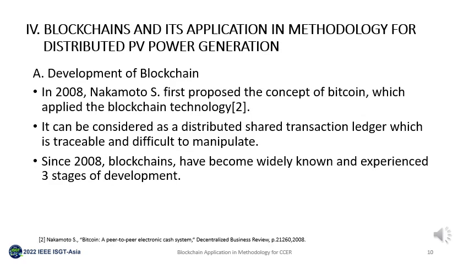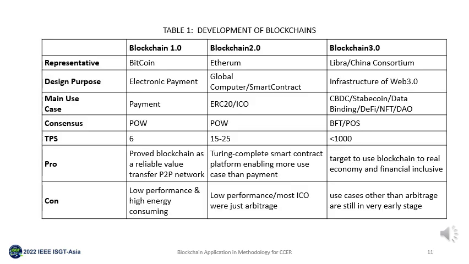Before we talk about the blockchain application, I want to show the development of blockchain first. In 2008, Nakamoto first proposed the concept of Bitcoin, which applied the blockchain technology. Since then, blockchains have become widely known and experienced 3 stages of development. Table 1 describes the three stages.